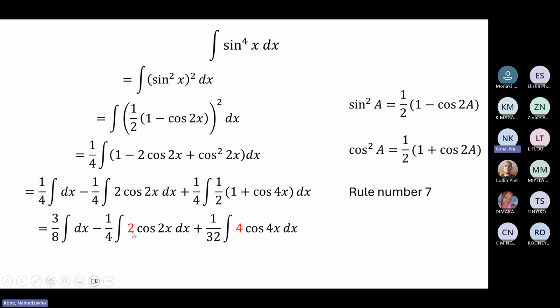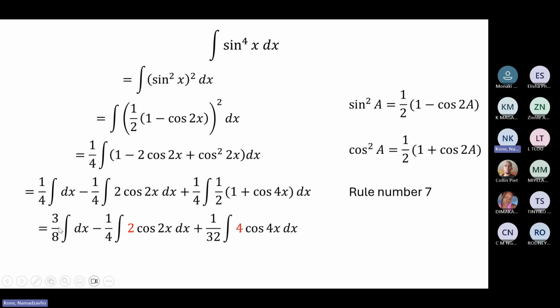It will disappear. So now when we come to this 3 over 8, if you remember, I said 1 over 4 times 1 over 2 is 1 over 8. 1 over 8 times 1 dx. We are adding it together with this one because they are similar terms. So 1 over 4 plus 1 over 8.